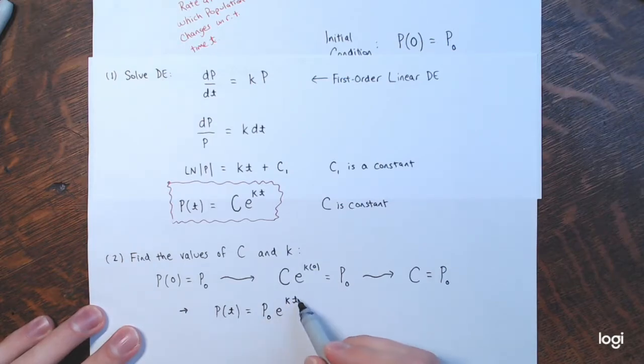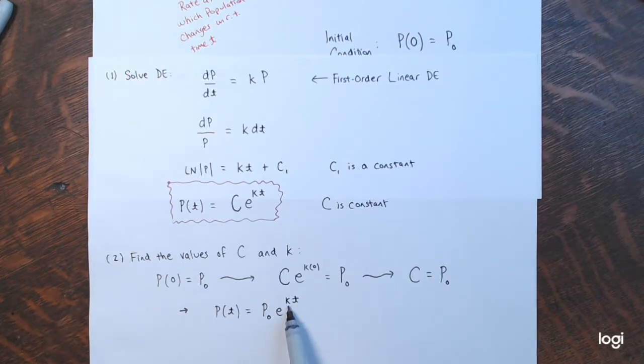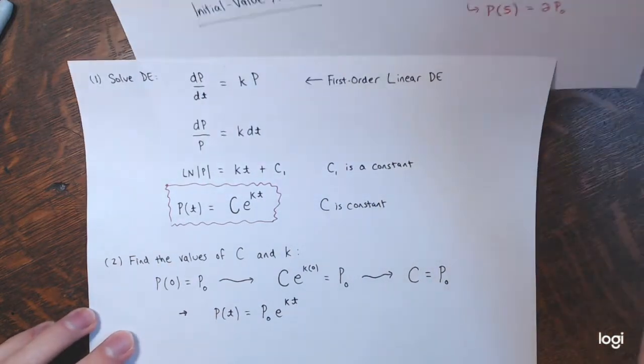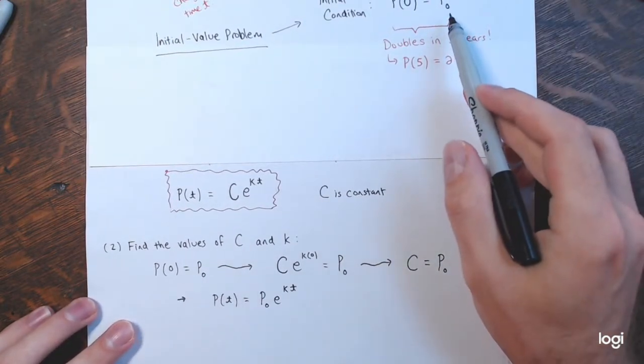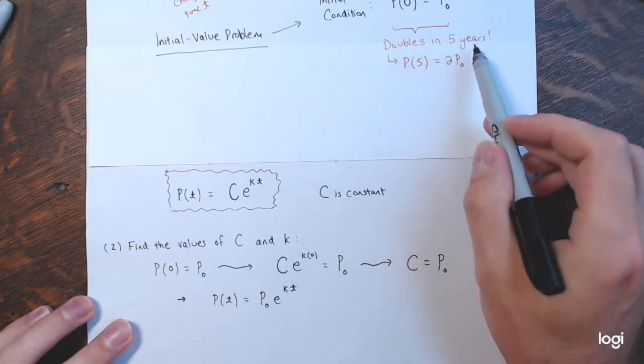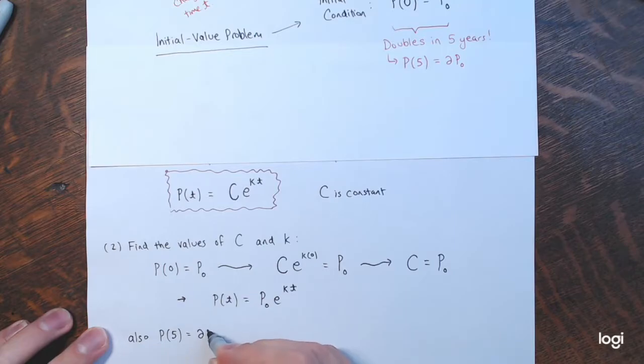Now all I need to do is figure out the value of this k, this other constant. And that's where the other information comes in. The other information they gave us was that this initial population p0 doubles in 5 years. So we also know that p of 5 is just 2 times p sub 0.